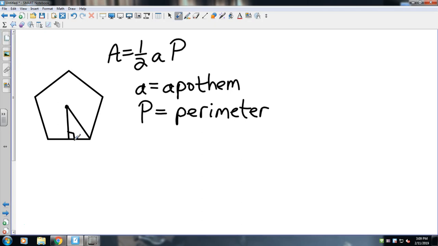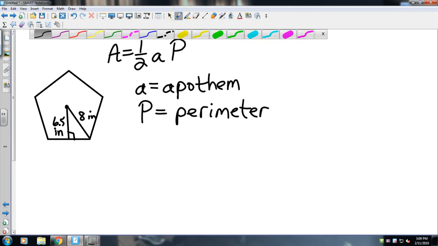Well, we'll see what happens. So the apothem is going to be 6.5. And then this distance right here is going to be 8, and we'll call that inches.